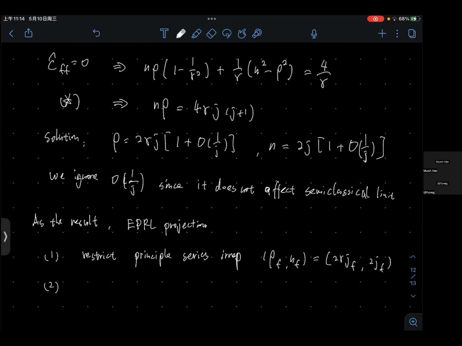And secondly, we introduce an important ingredient called the Y-map. Just make it a mathematical structure. So this Y-map is given by an embedding from the SU2 irreducible representation into SL2C, into those ones satisfying the first condition.